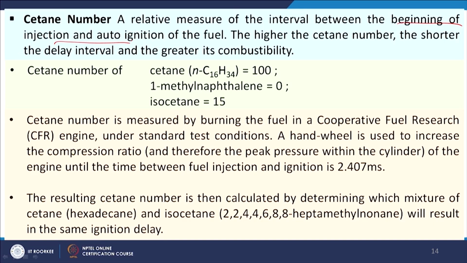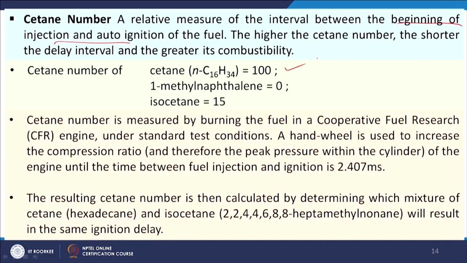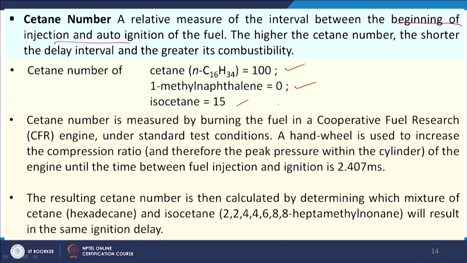And again like octane number, there are two compounds here: cetane, which has 100, and 1-methyl naphthalene, which is 0, and isooctane is also 15. So, 0 and 100 are blended in different ratios and used in the specified machine, and we get the delay period, and the percentage of cetane will be the cetane number.